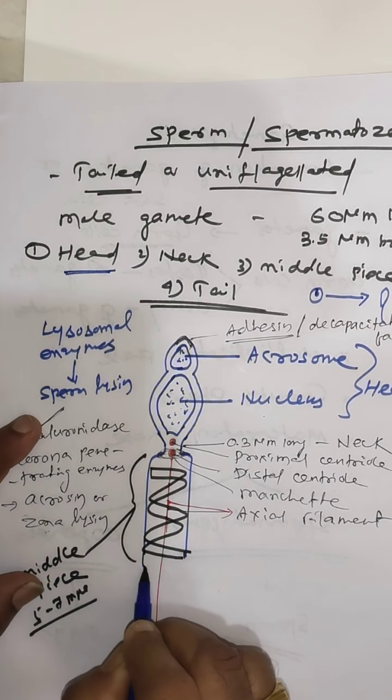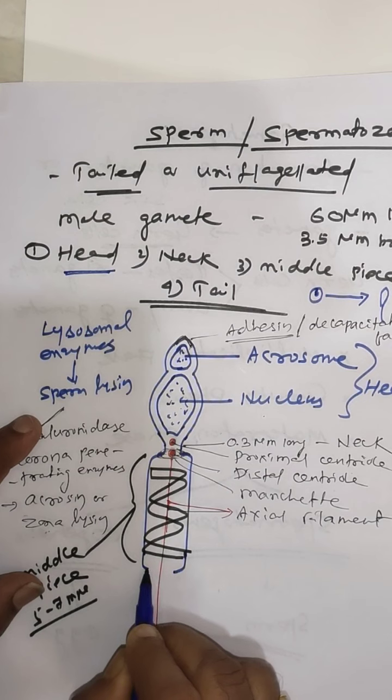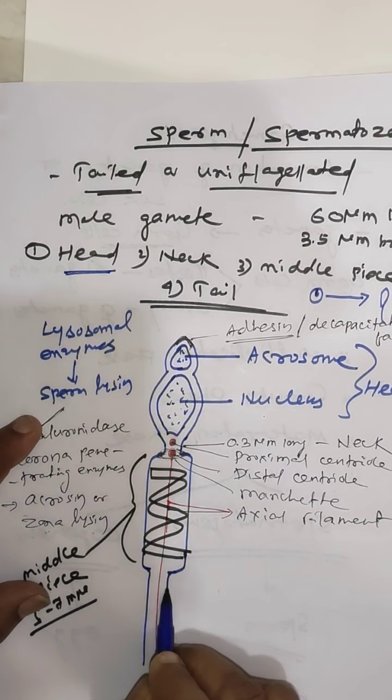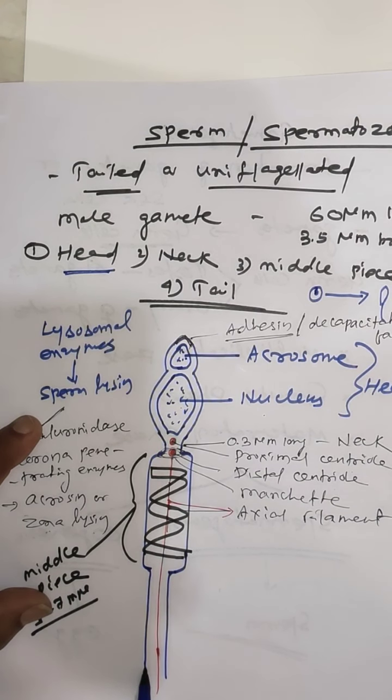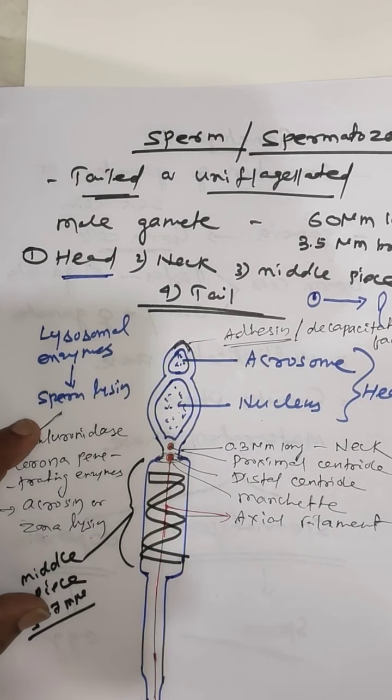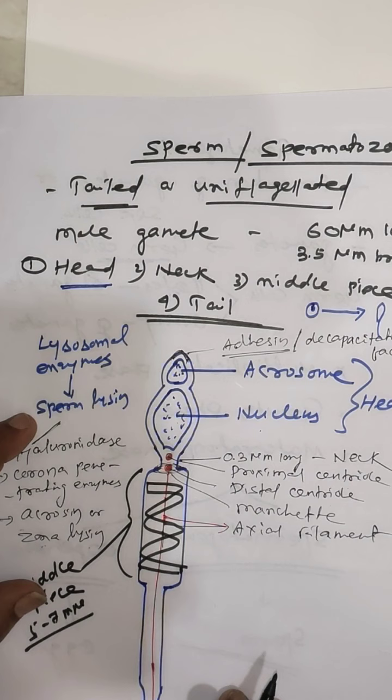The mitochondria provide energy during the movement of the sperm towards the ovum. Once lost, the energy cannot be renewed. Clear?